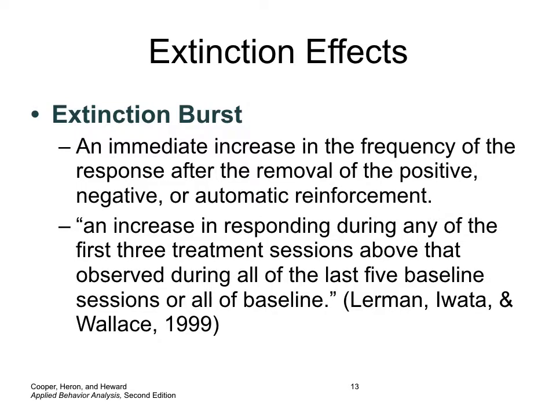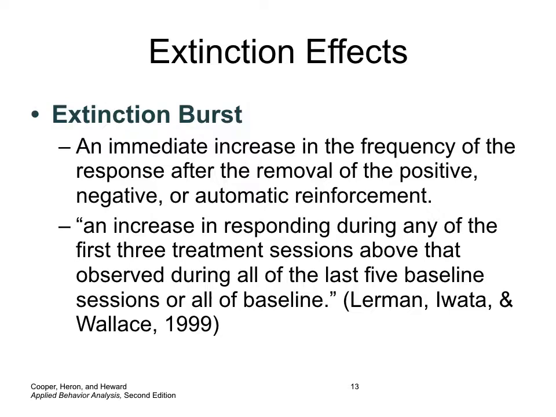When you use extinction, you can expect several different extinction effects. The one I want to introduce is extinction burst. A general effect of the extinction procedure is an immediate increase in the frequency of the problem behavior after the removal of the positive, negative, or automatic reinforcement.